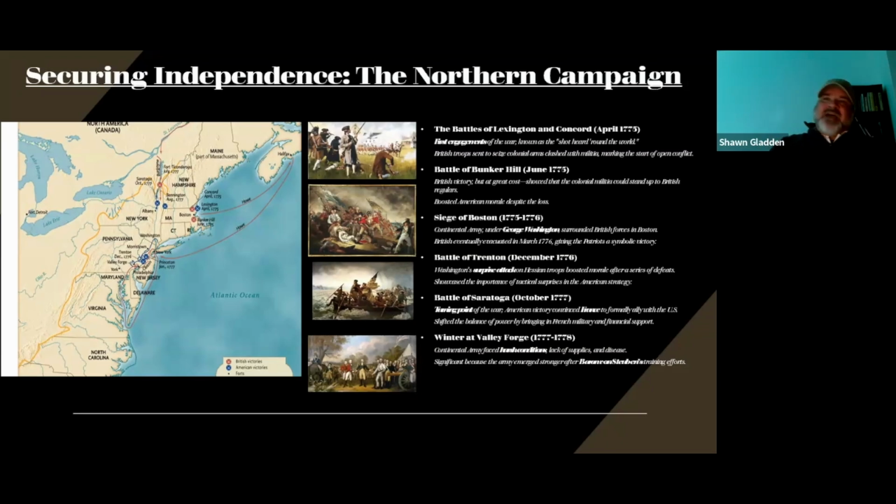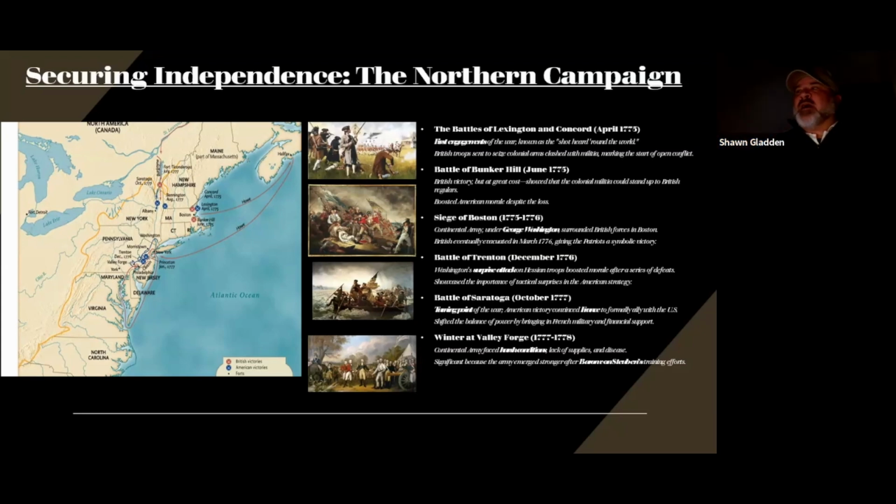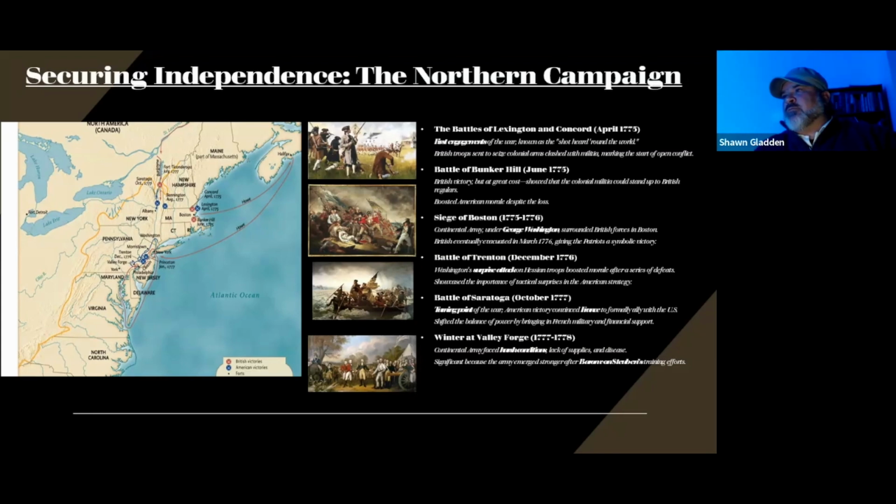Okay, so I picked these out to show the beginning of the Northern Campaign, which is unorganized. There's a lot of effort, a lot of zeal. They pull out a couple of wins early. They take Boston. Meanwhile, after Boston, losses in New York certainly took their toll on the army itself.